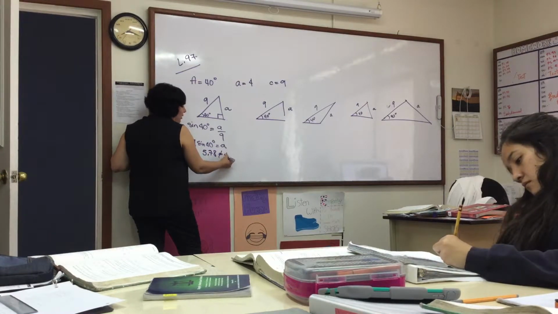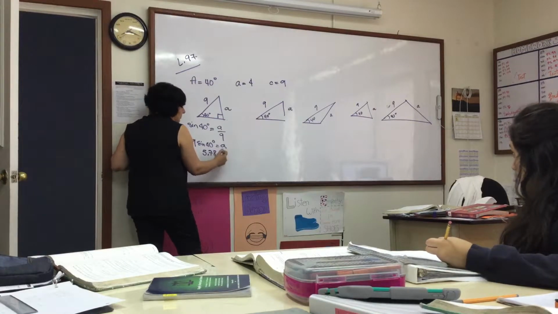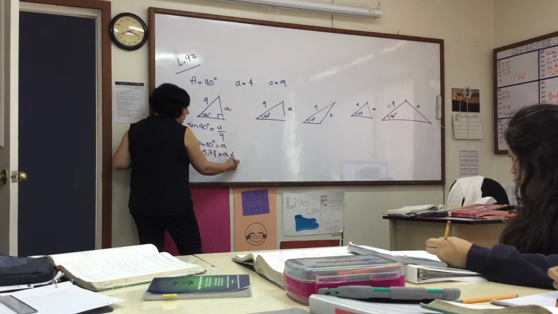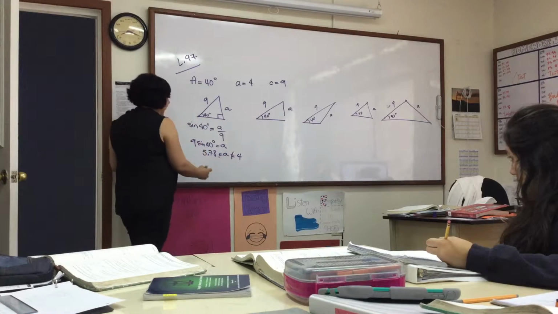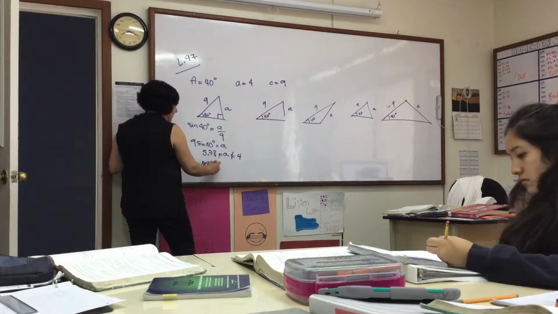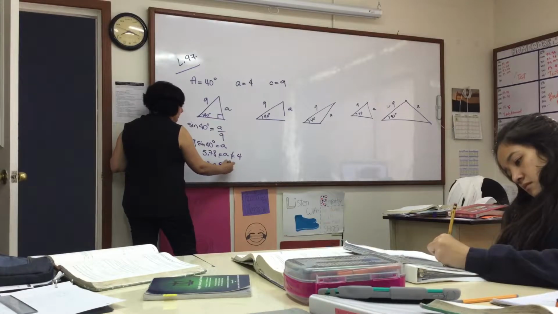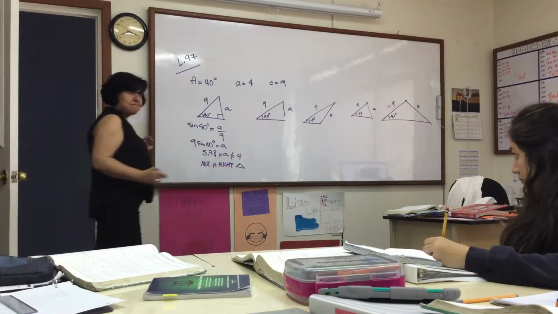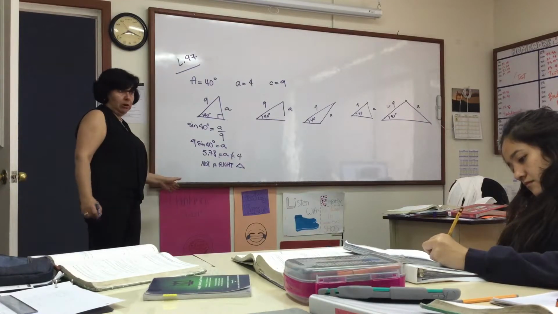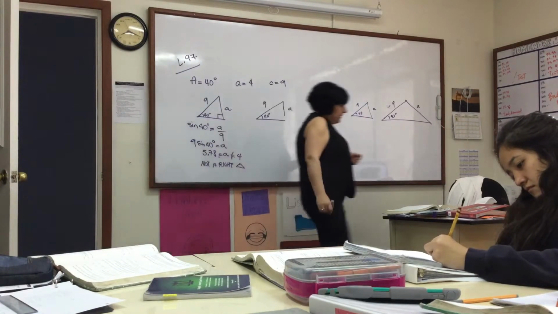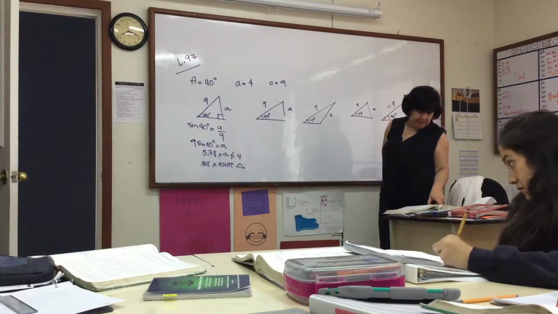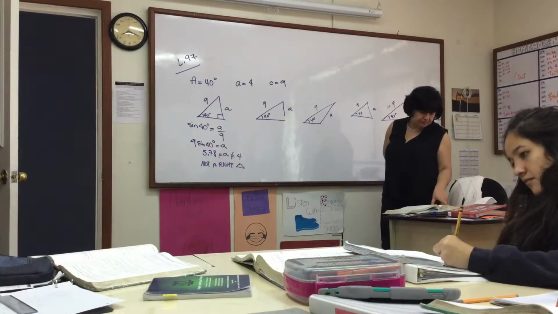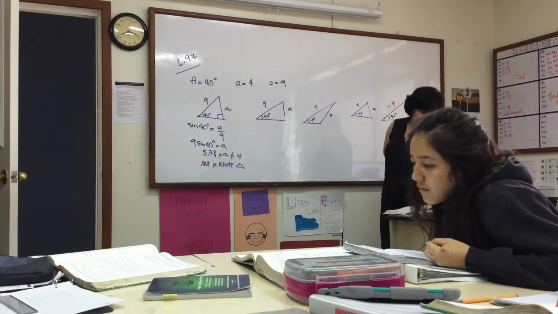It does not equal 4. So it is not a right triangle. Do you agree? If it had been, it would equal 4. Next, that's the first step. See where it says 1? Now we go to the next one.